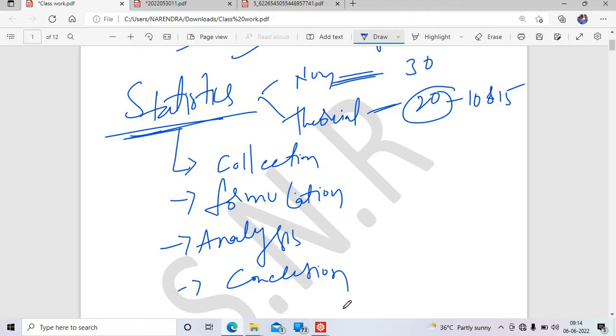Okay, so what is the first step? Collection of data. After collection, formulation of data. How can you formulate it, either in table form or in graphical form. There are a number of ways. We will discuss that one by one also.